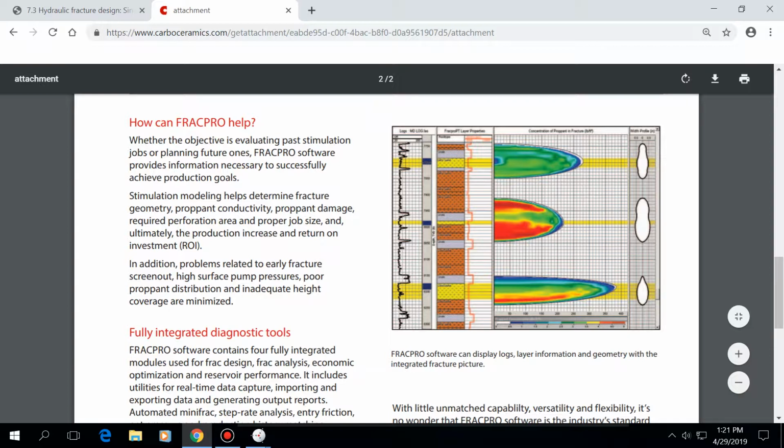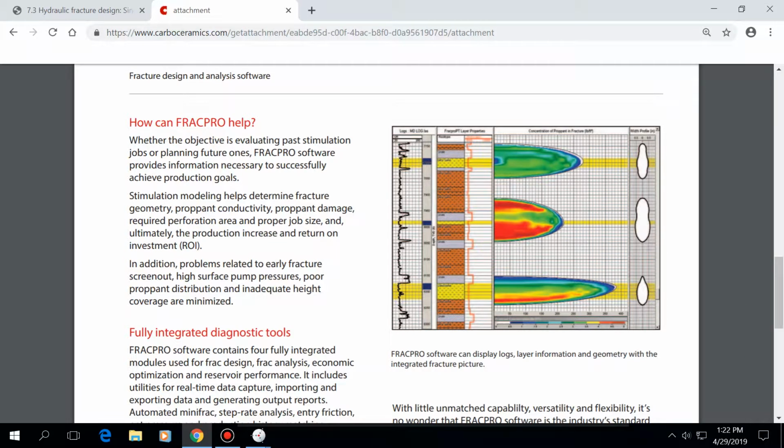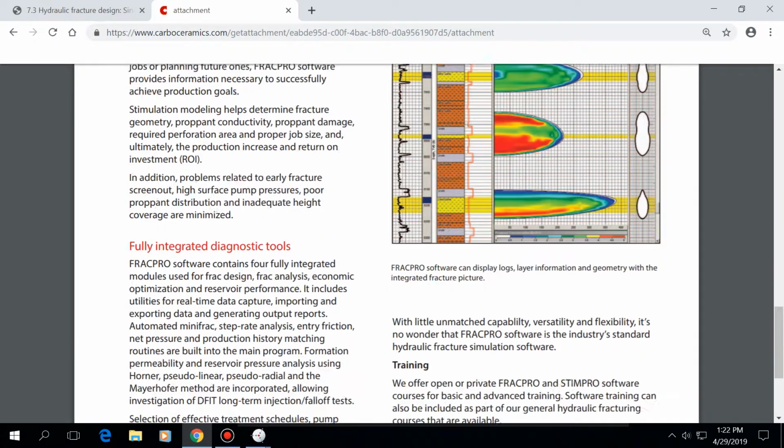It matters a lot what kind of rocks you have and what the mechanical properties are, and based on that, depending on which intervals you select for your perforations, the fractures are going to grow up and to the sides depending on those mechanical properties. And the width now is not going to be simple elliptical, but it's going to vary with depth. And you can see all these funny shapes over here.